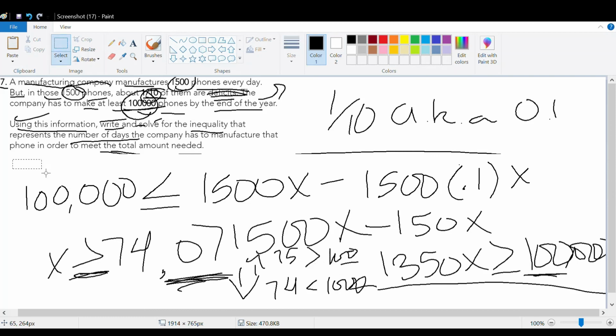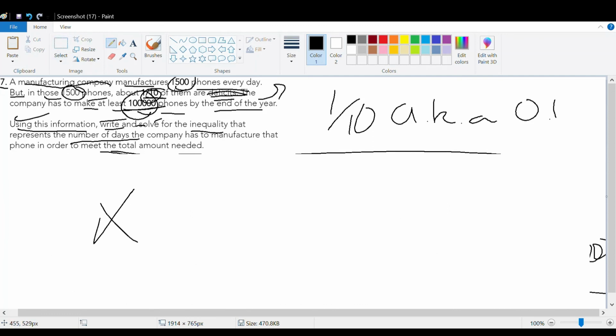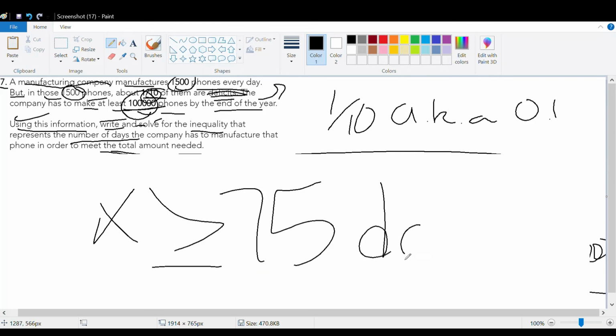Therefore, the correct answer is x has to be greater than or equal to 75 days. It takes 75 days for the manufacturing company to at least make 100,000 phones by the end of the year, because 74 will not cut it.